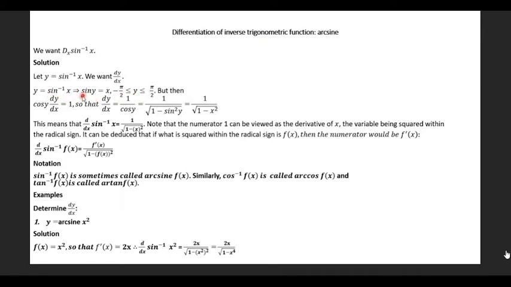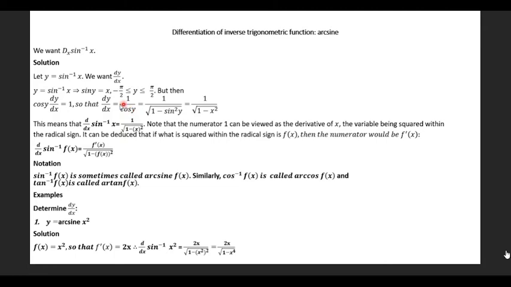But then if we have this type of relation, sine of y is equal to x. If we differentiate both sides with respect to x, then the derivative of sine of y is going to be cos of y dy dx. And the derivative of x with respect to x is going to be 1. So that if we make dy dx the subject of the formula, it will be 1 over cos of y. And then we know that there is this relationship that says cos squared y plus sine squared y is equal to 1.